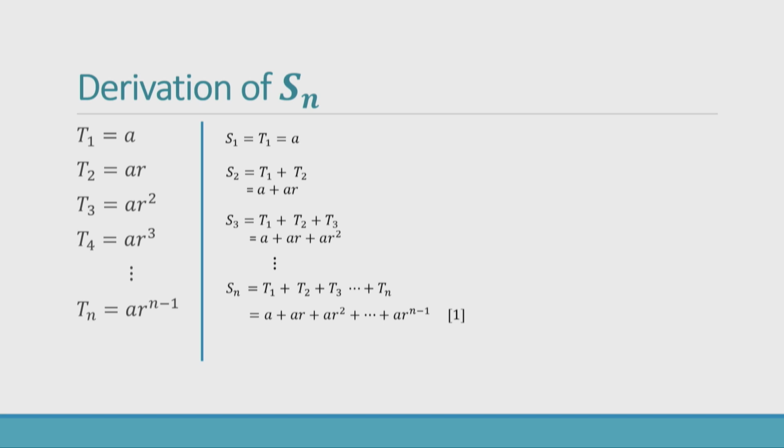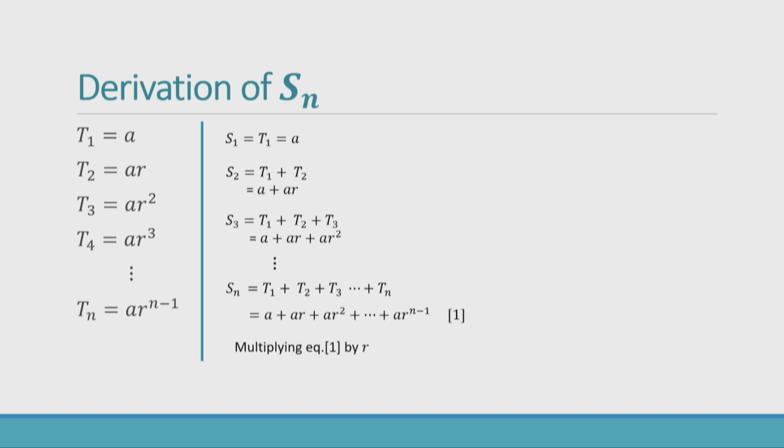Now, in the same way, Sn will be the sum of the first n terms, that is T1 plus T2 plus T3 up to Tn, which will be equal to A plus AR plus AR square plus ... up to AR power n minus 1. I call this equation 1.